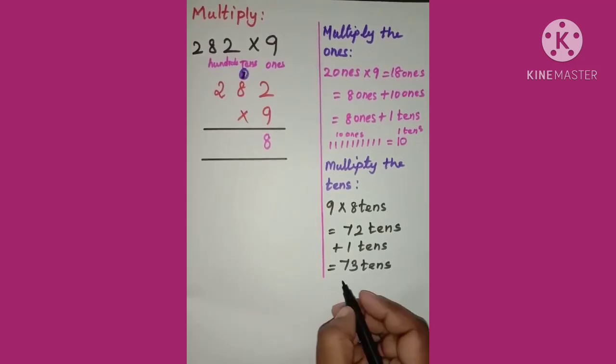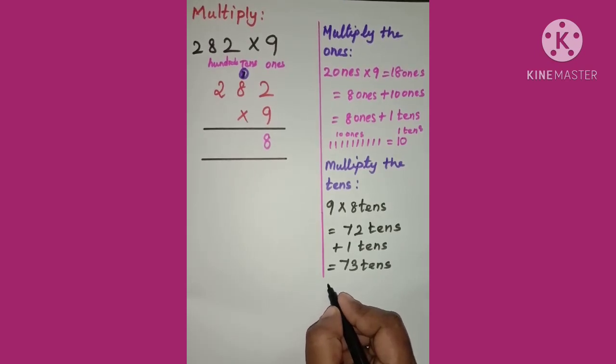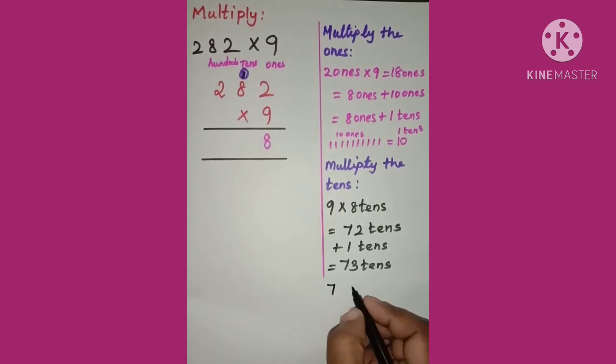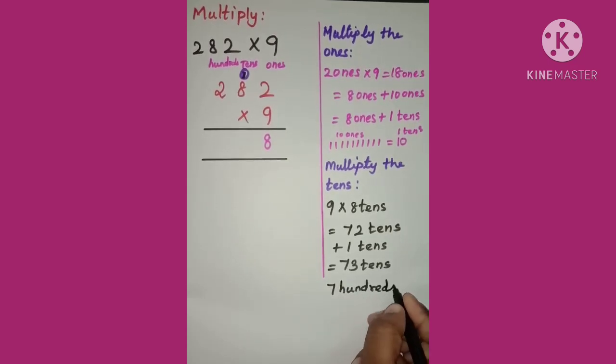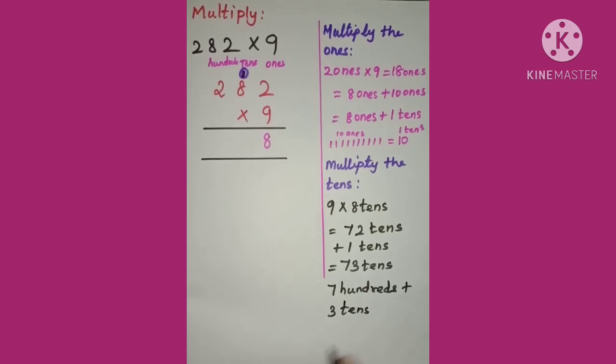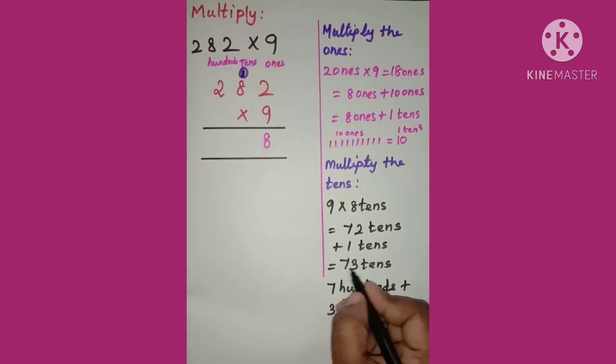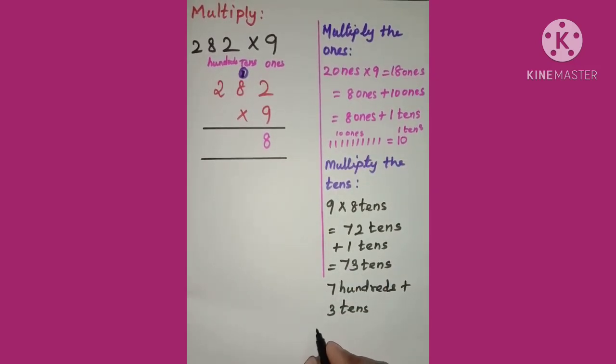So, here it can be written as 7 hundreds plus 3 tens. Is it correct? Yes, because 73 tens can be written as 70 tens plus 3 tens.